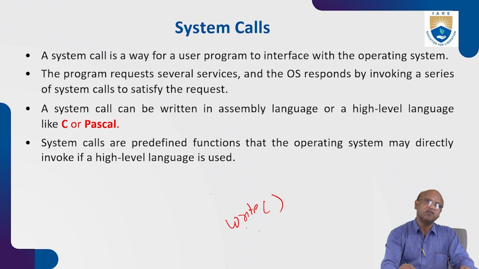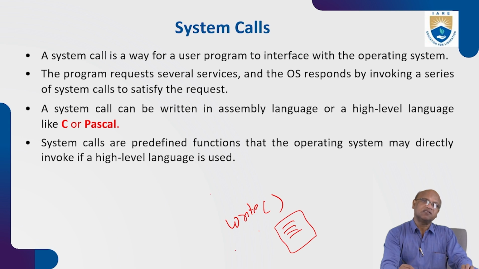This write system call will be invoked by the OS itself, and whatever program you want to save will be written in the hard disk. That's the job. The OS will write this program in the hard disk by using the write system call. The system will call this write. The user will not invoke the write system call.